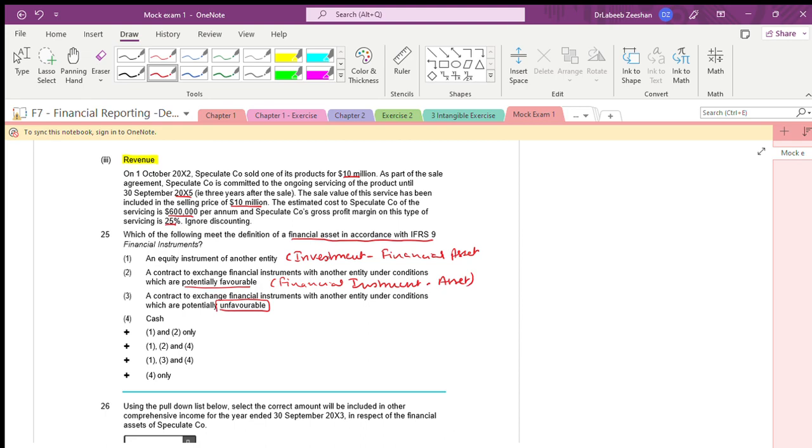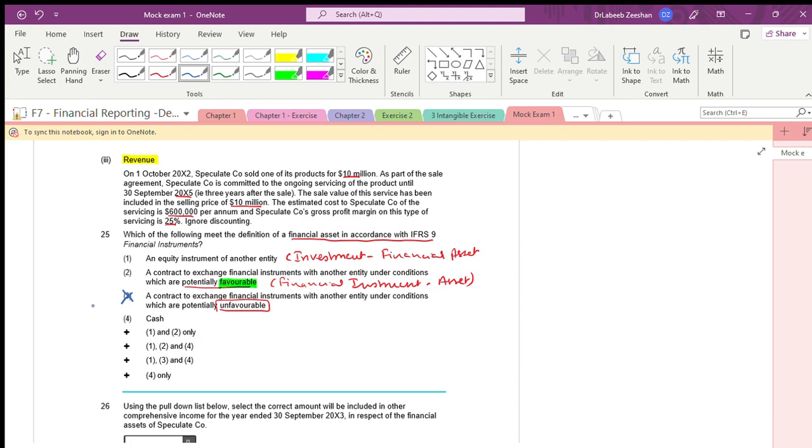Is it right? Always we do it on favorable terms. We will not sell at a loss. Is it right? We always sell on a profit basis. Means this is not the case. Why is this not the case? Because we cannot sell on unfavorable conditions.